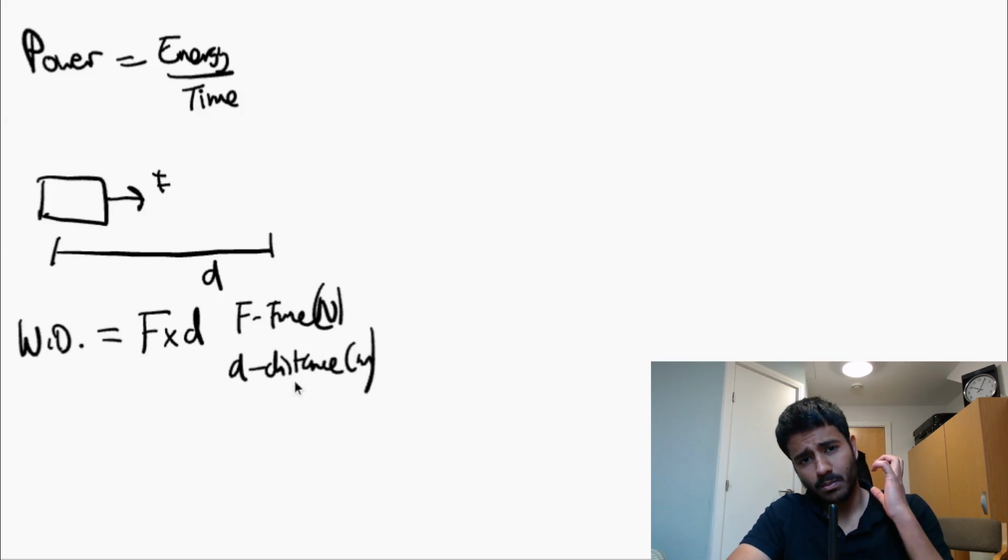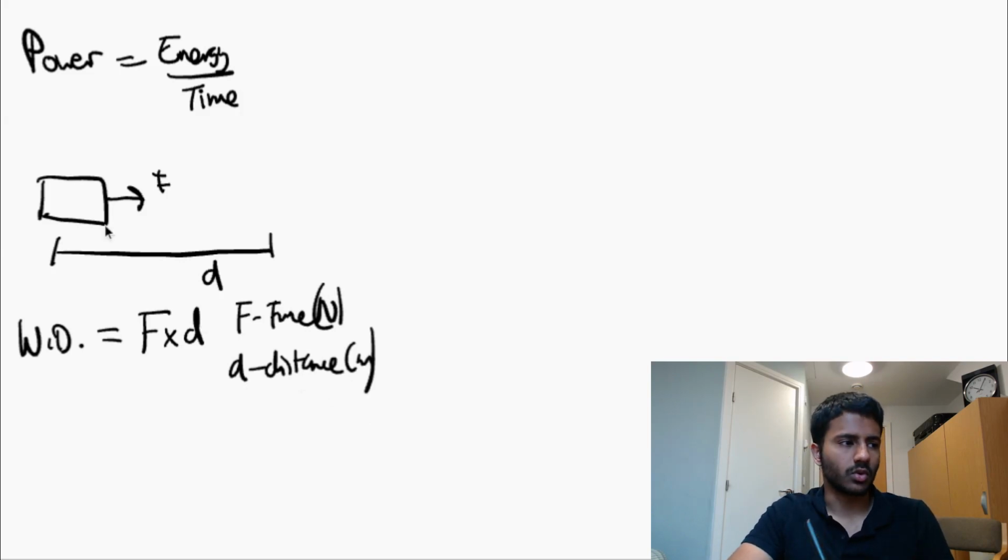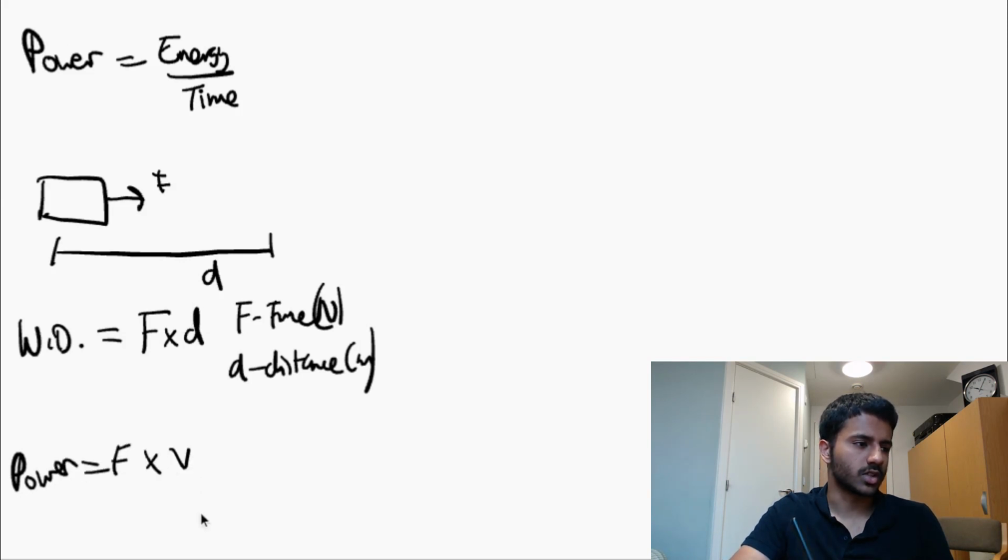And we know that power is the time derivative of work done, so basically you're dividing by time. So if you do work done over time, you'll get power equals force times distance over time, and you know that distance over time is velocity, so you also get power is equal to force times velocity. But F is your force in newtons and v is your velocity in meters per second.